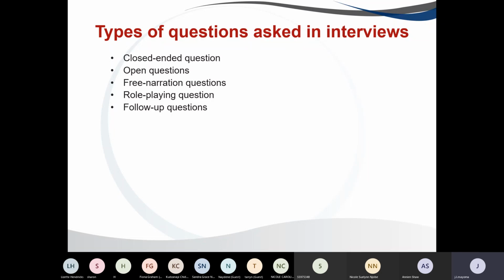And it's a nice way to also really get the participant thinking about something from an alternative perspective. But through this, you're also gauging what their attitudes towards certain things are. And then finally, we have follow-up questions. And of course, these are more your prompting questions. So if someone gave you an answer and you want to find out more, you would pose a follow-up question around that.